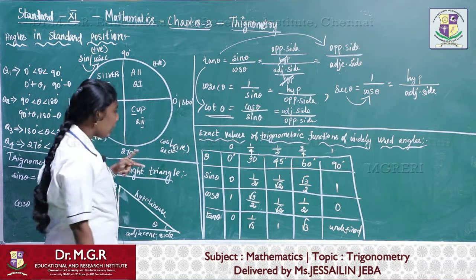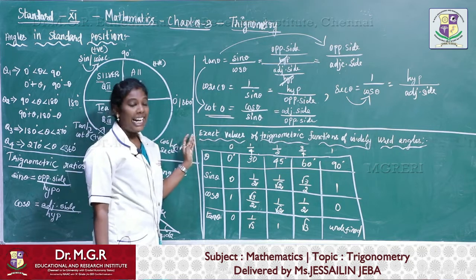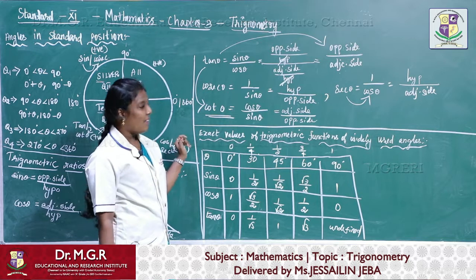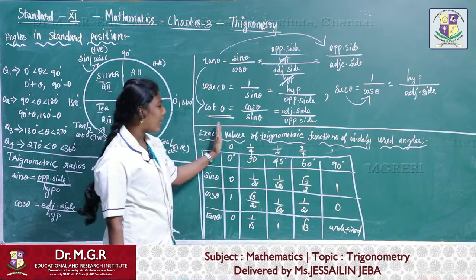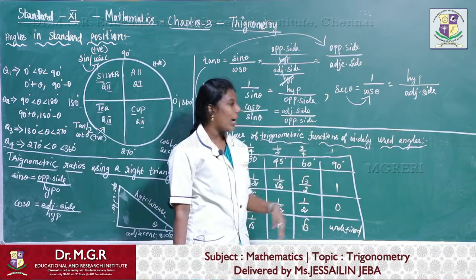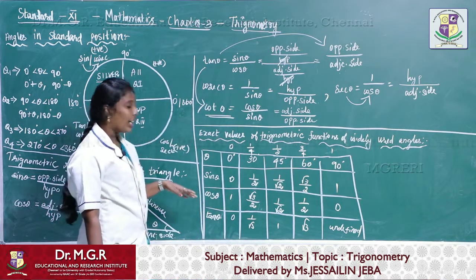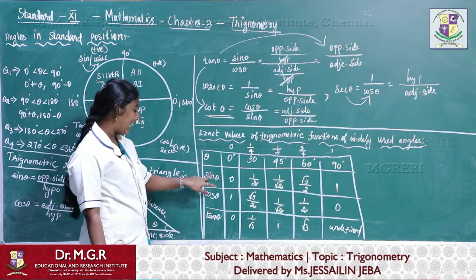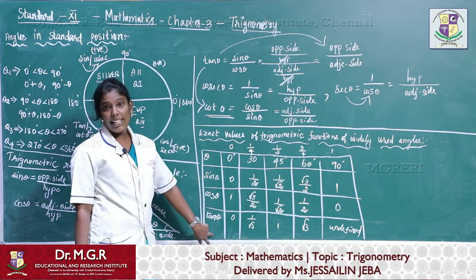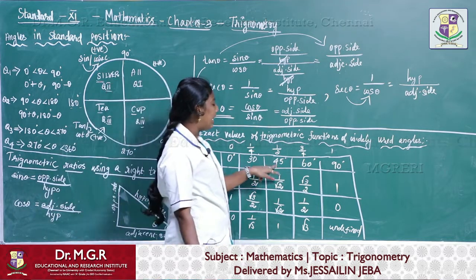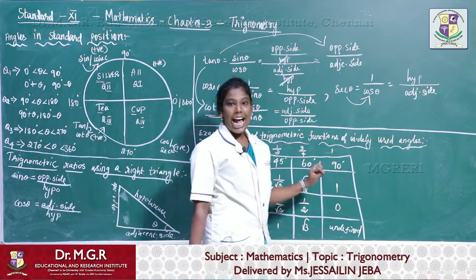Next we are going to see values for trigonometric functions, the exact values of trigonometric functions of widely used angles. We are going to see the angles for sine, cos, tan. What are all the angles we have? 0 degree, 30 degree, 45 degree, 60 degree and 90 degree.